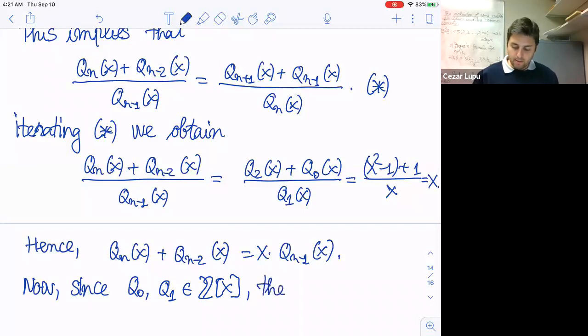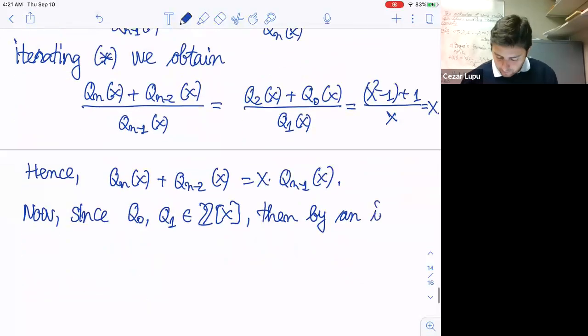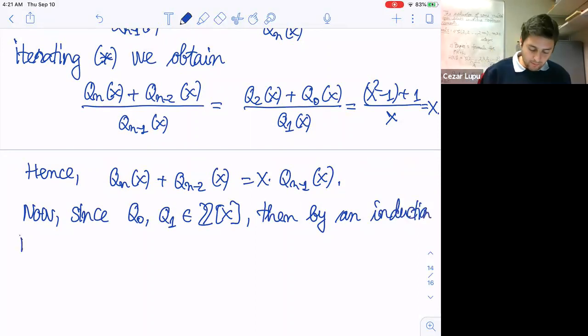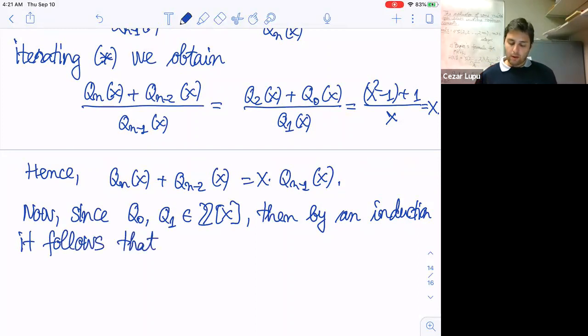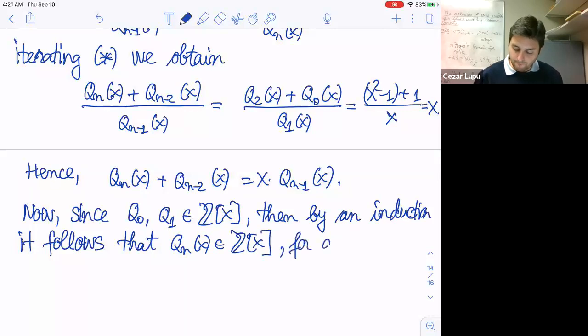Then by an induction, and I'll leave it to you to do the details, it follows that qn of x is also with integer coefficients for all positive integers n.